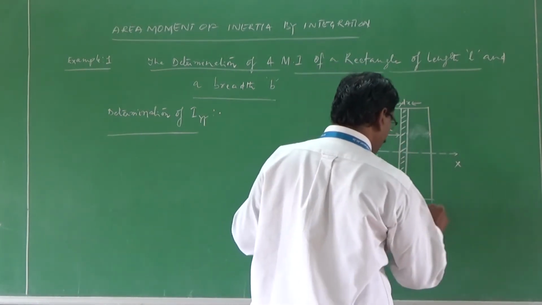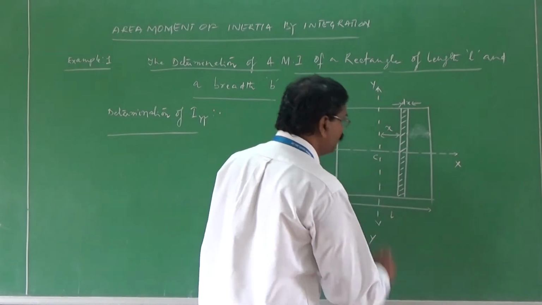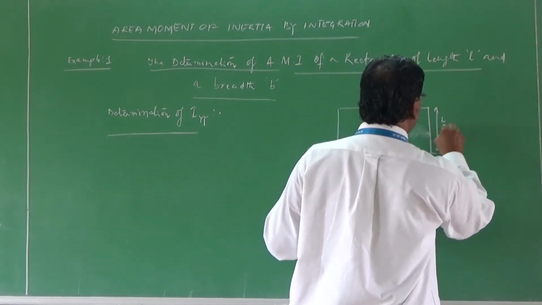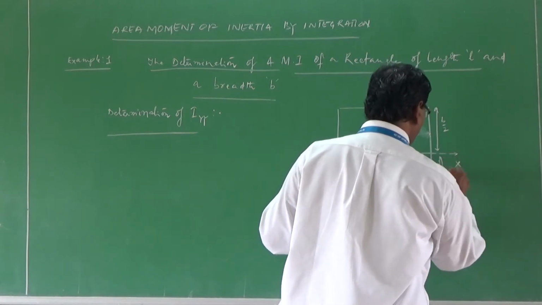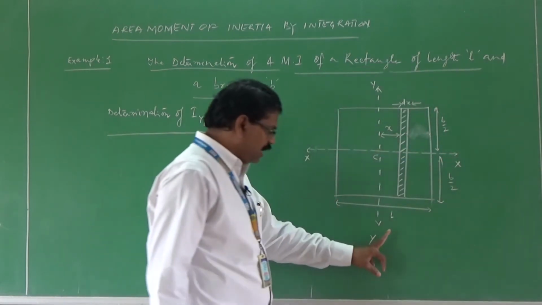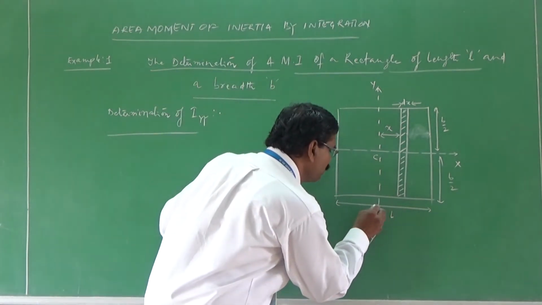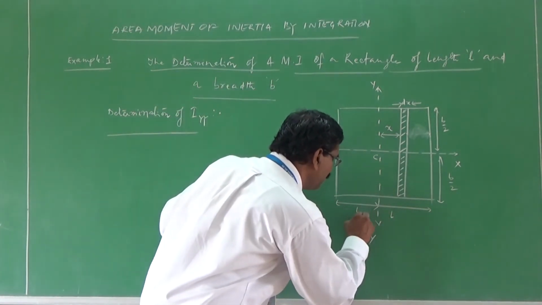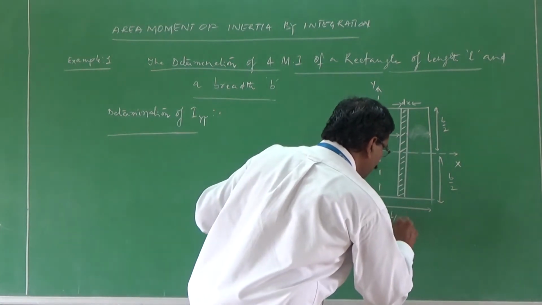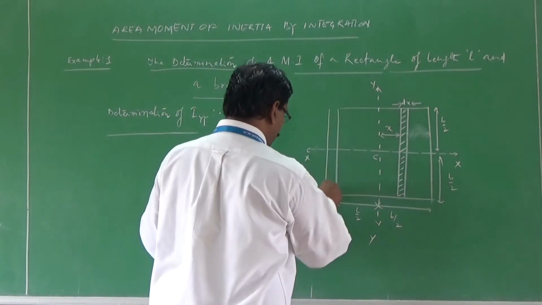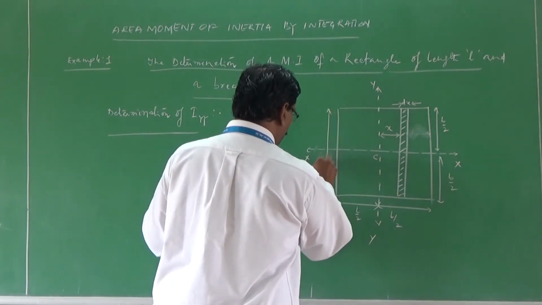This is called the length of the rectangle, and from here to here is b by 2, and from here to here is b by 2. If you want to split the length of this rectangle in y direction, you could write like this also. From here to here is L by 2, and from here to here is again L by 2. The total distance is the length L. And from here to here is the breadth b.